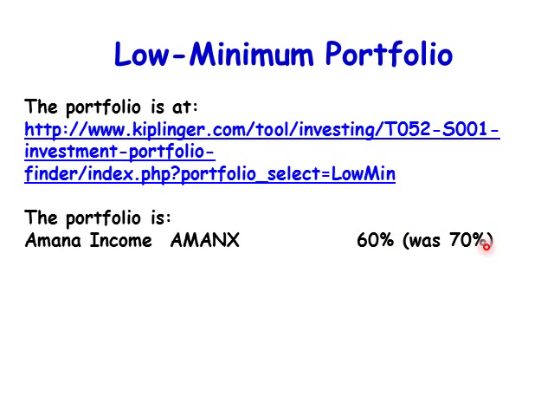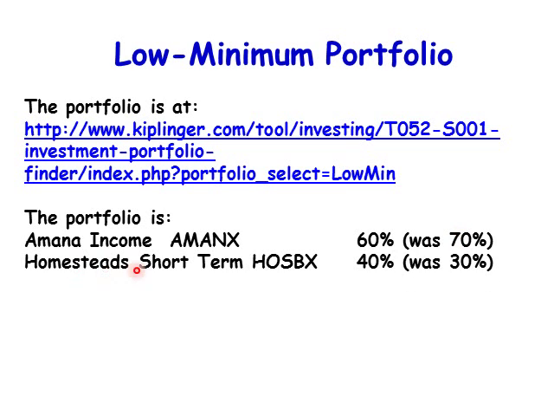In the portfolio it was 70%, but we are doing a 60-40 portfolio, and the Kiplinger portfolio was 70-30. Then there is a bond fund here, Homestead Short-Term Bond, at 40%, and the portfolio had 30%. So we're doing 60-40: 60% in Amana, and Homestead is 40%.